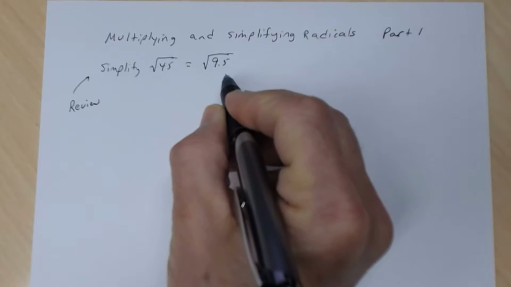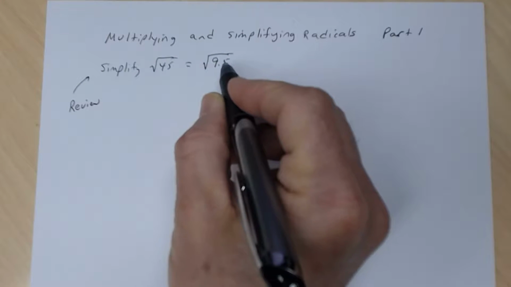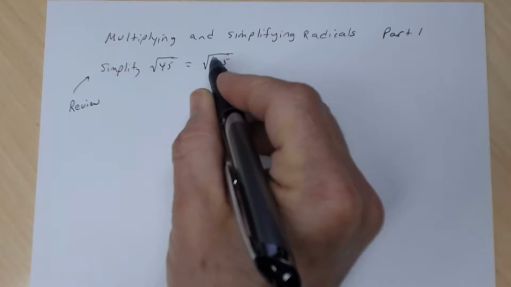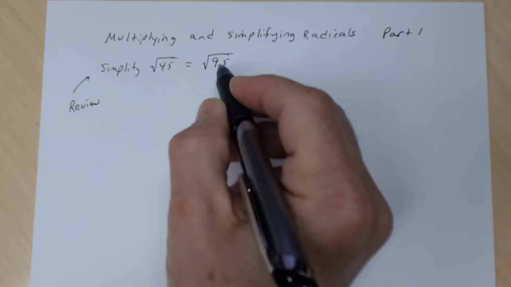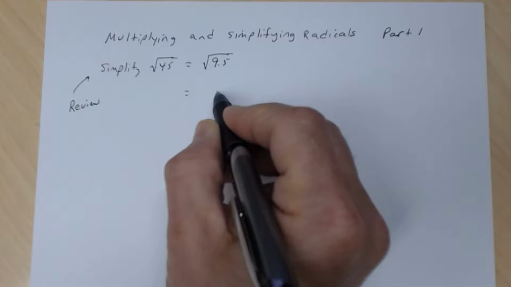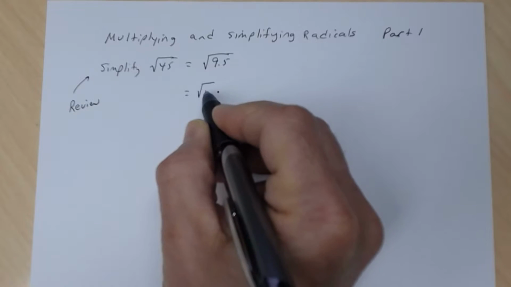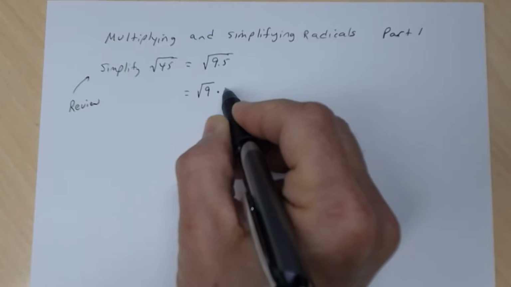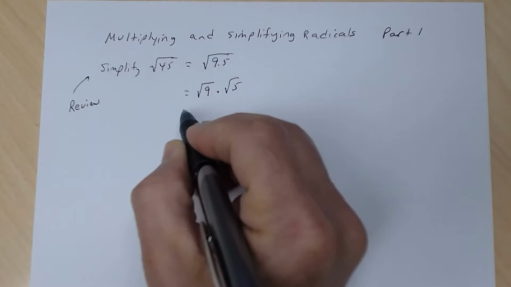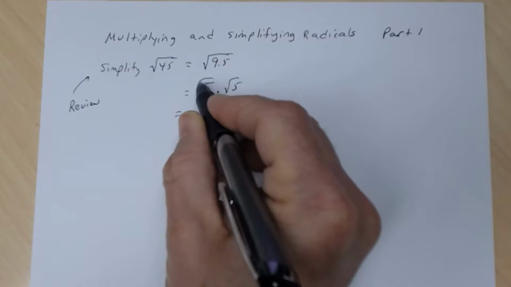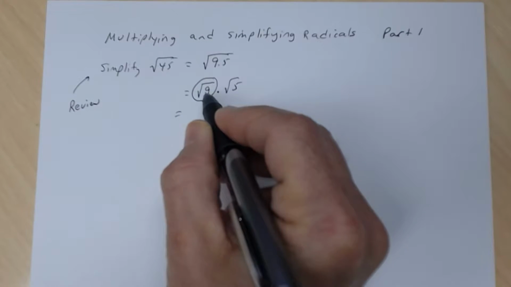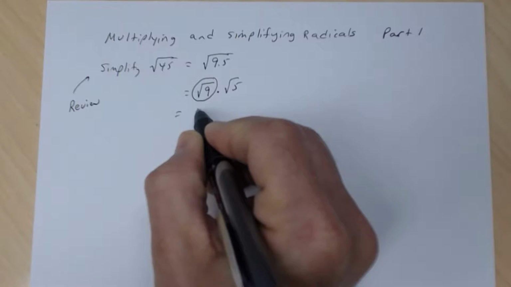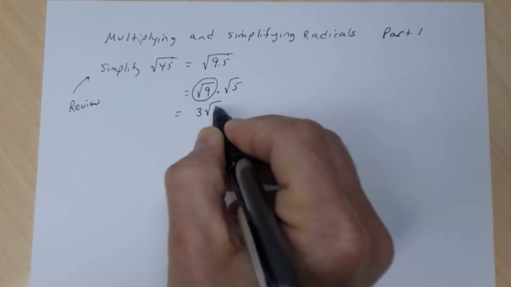And then in that lesson, we wrote this square root of a product as the product of the square roots. So it would be the square root of 9 times the square root of 5. And then we just simplify the square root of 9 because 9 is a perfect square. And we saw that the square root of 9 is 3. So we get 3 square root of 5.